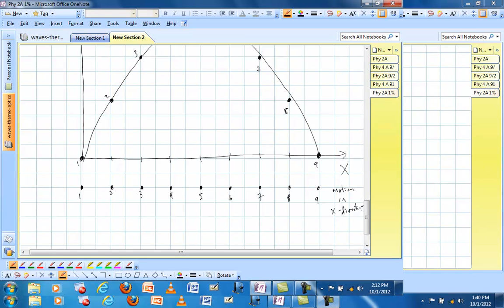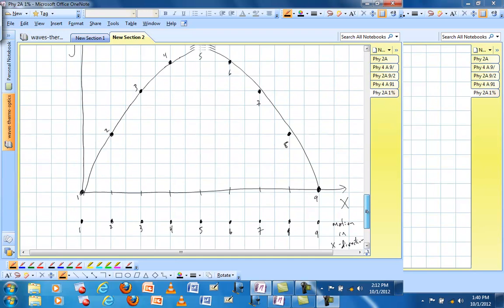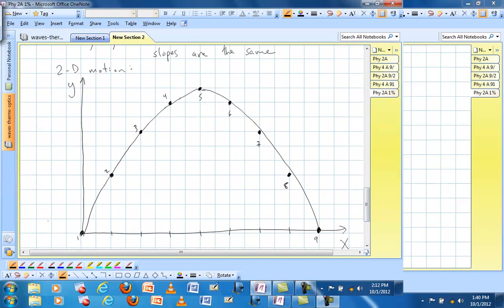Now let's take a look at the projection of these dots in the y direction. So what do we have? We have dot 1, then 2, then 3, 4, and 5. That's on the way up.